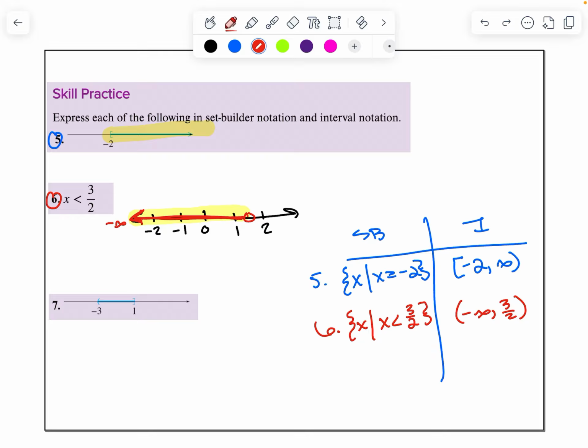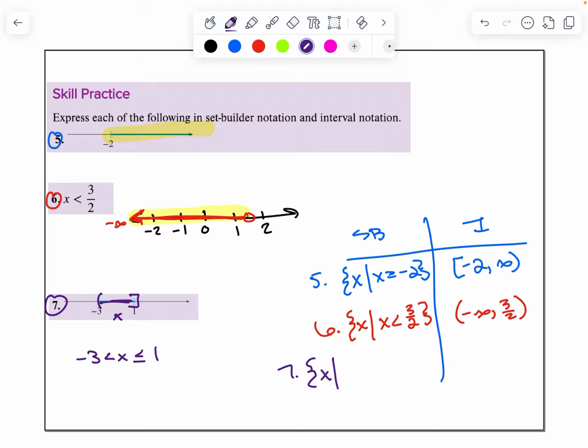All right, this last one is the toughest. Number 7. Our set builder notation is the set of x such that, notice our x is sandwiched between those two numbers. And remember, we wrote that as -3 less than x less than 1. Since our 1 has a bracket on it, we're actually going to say less than or equal to 1 there.